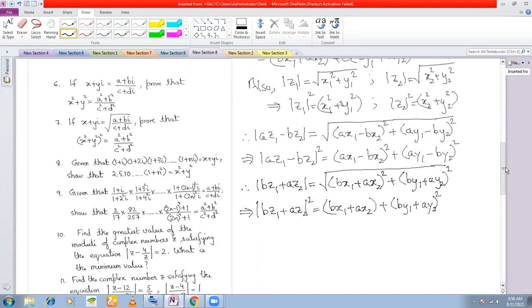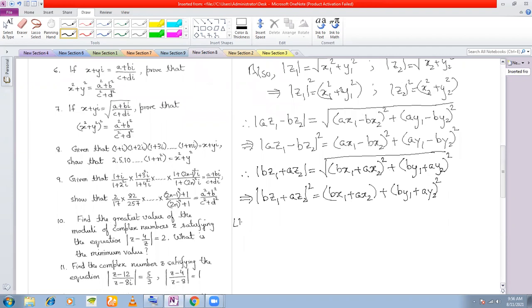So we start from the left hand side. Left hand side is equal to mod of az1 minus bz2 whole square plus mod of bz1 plus az2 square. So you put the values we have calculated above. What are the values we have calculated above for mod of az1 minus bz2 whole square?